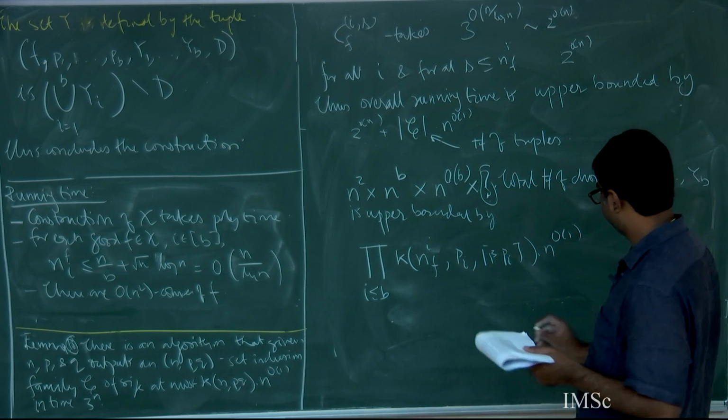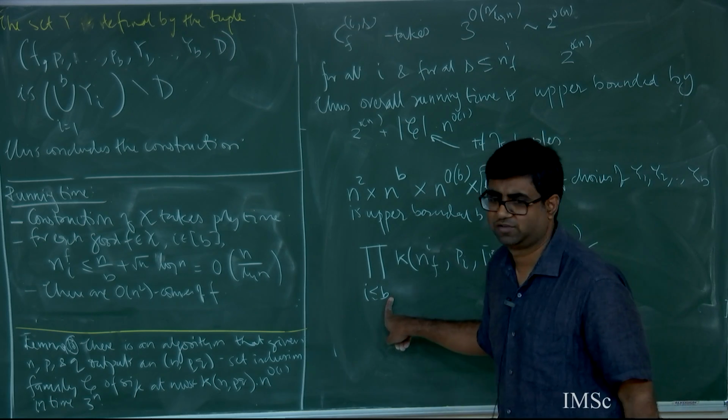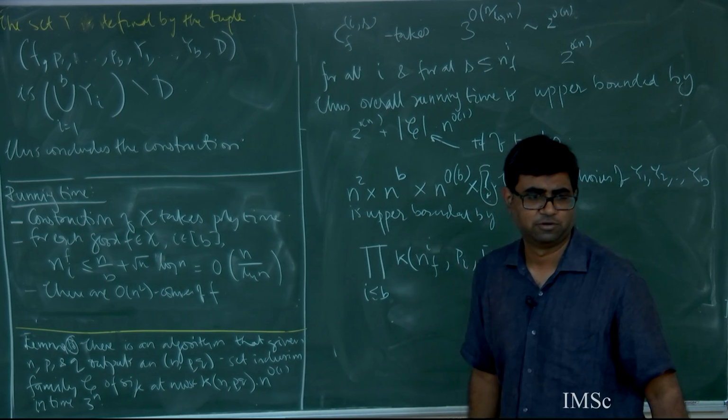Now let's forget this n to the power big O of 1, because it is at most some log n, so that is taken care of by 2 to the power little o of n.